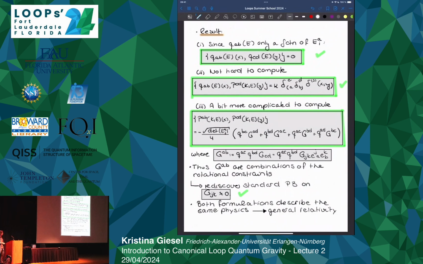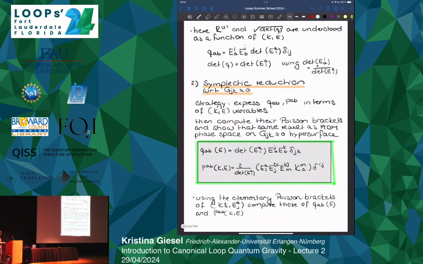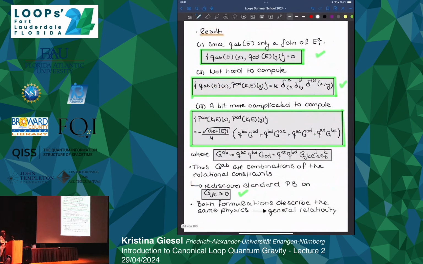Now a bit more complicated, because PAB has both variables in that expression here, is to compute the Poisson bracket between two ADM momenta. But one can show that the result here can be written as a linear combination of terms which involve at least linearly the rotational constraint.